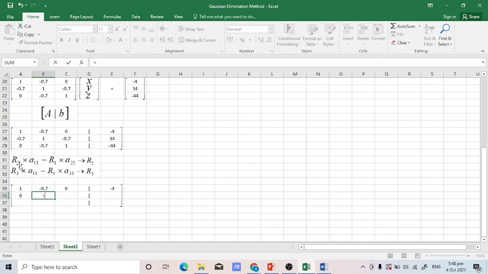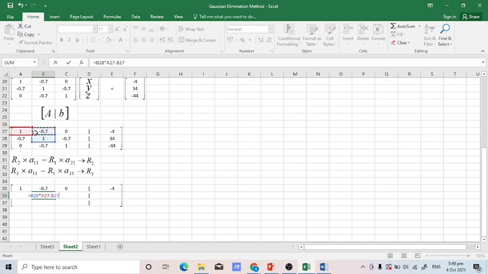R2, second element, 1 times A11, then minus R1 second element, negative 0.7, di ba?